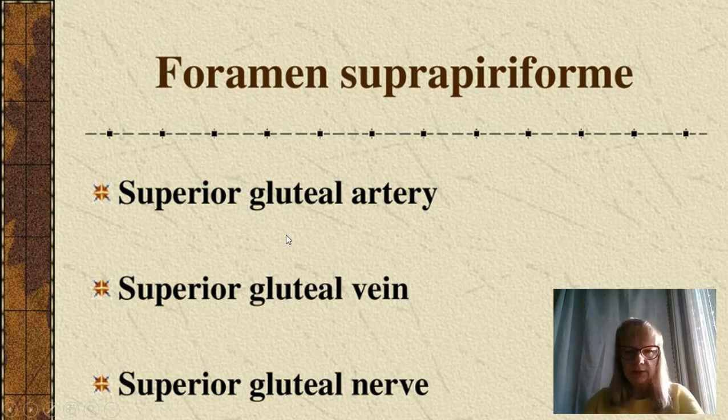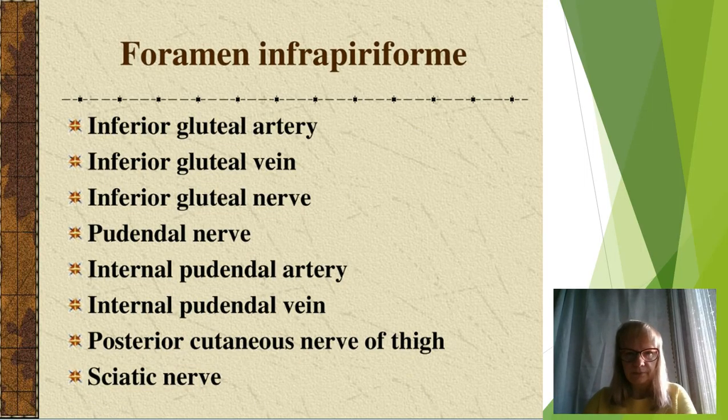The suprapiriformis foramen includes the superior gluteal artery, the same vein, and the same nerve, a neurovascular bundle: superior gluteal artery, vein, and nerve. The infrapiriformis foramen includes more structures. Again, we have the inferior gluteal artery, vein, and nerve.